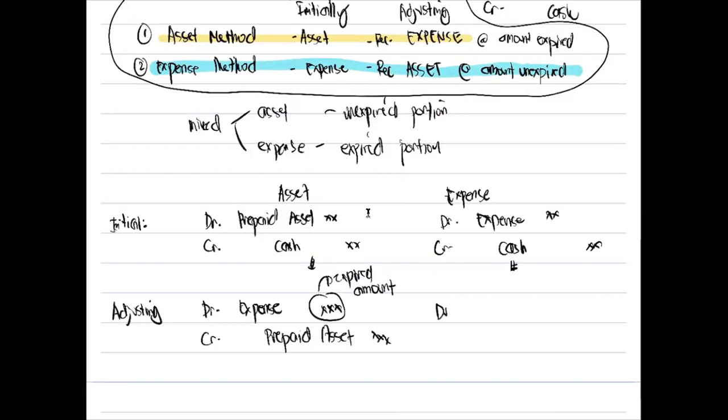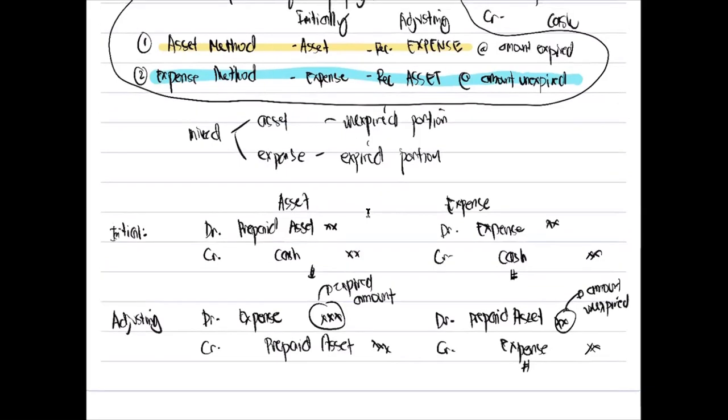So debit your prepaid asset, credit expense. At what amount? At the amount unexpired. Okay, so again, we just follow this rule.